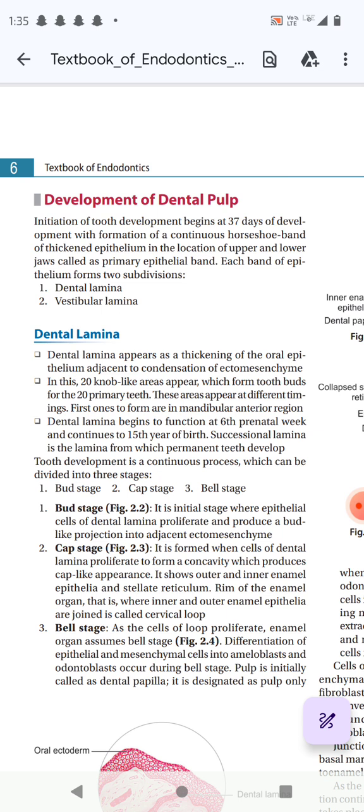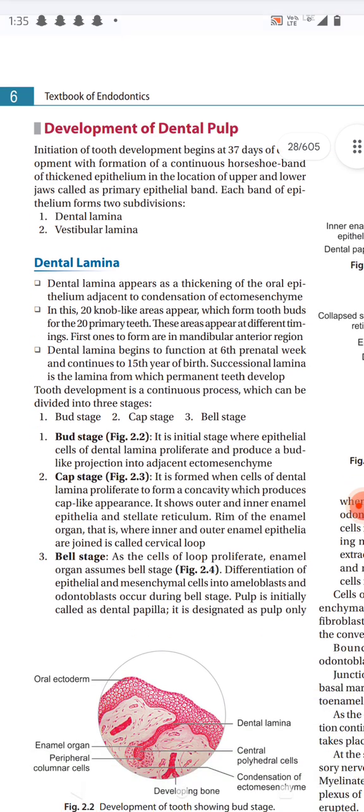These areas appear at different times, the first one forming in the mandibular anterior region. Dental lamina begins to function at the 6th perinatal week and continues to the 15th year after birth. Succedaneous lamina is the lamina from which the permanent teeth develop.